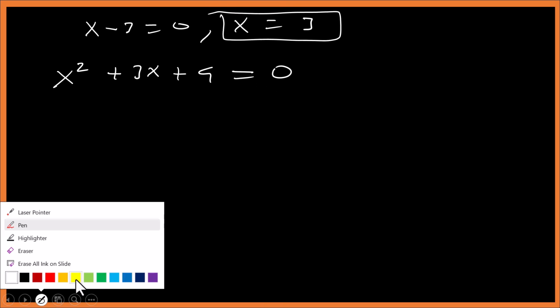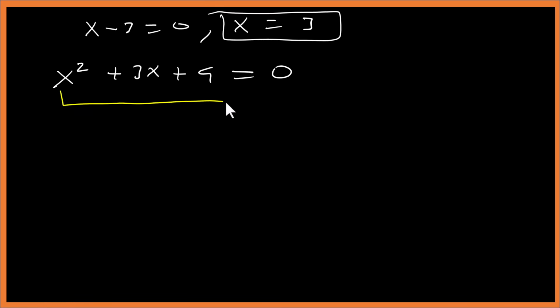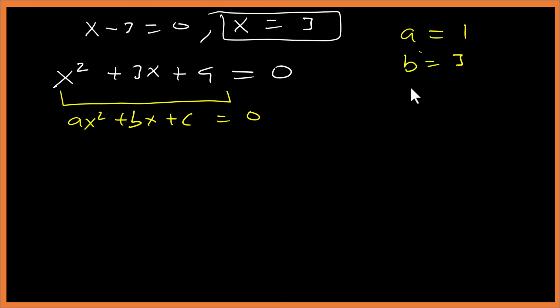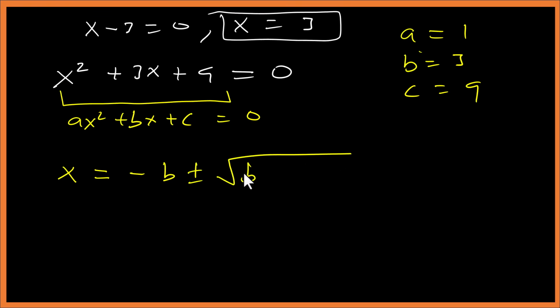Now let's compare this one with the general quadratic equation, ax squared plus bx plus c equal to 0. So we have a as 1, b as 3, and c as 9. With this, we can go ahead with the almighty formula: x equals minus b plus or minus the square root of b squared minus 4ac, on 2a.